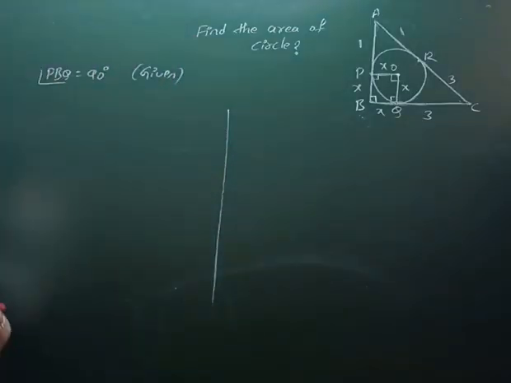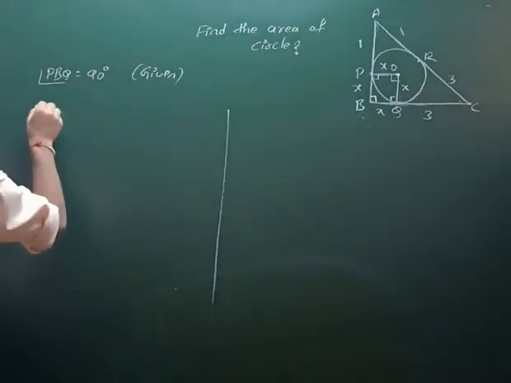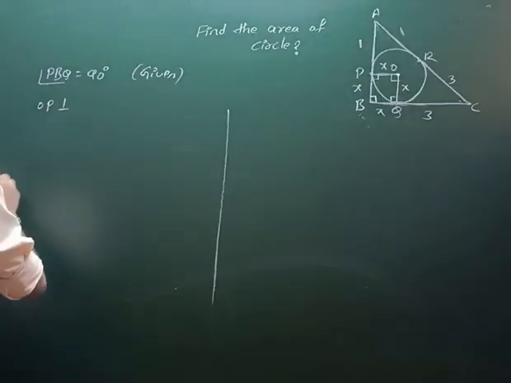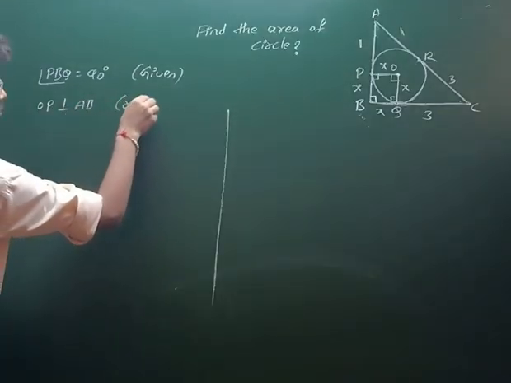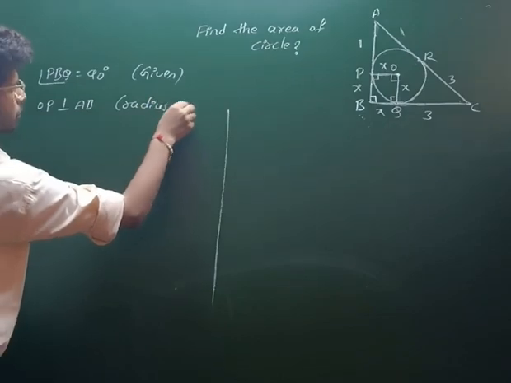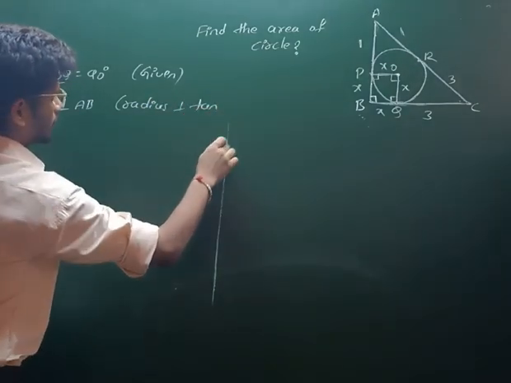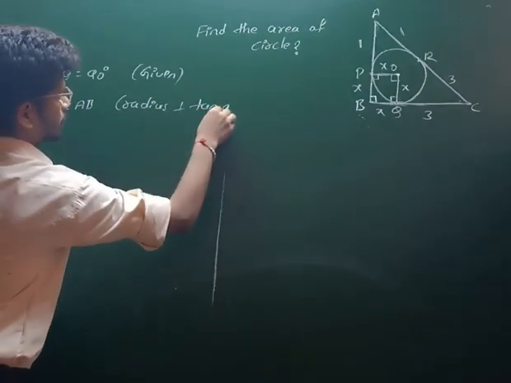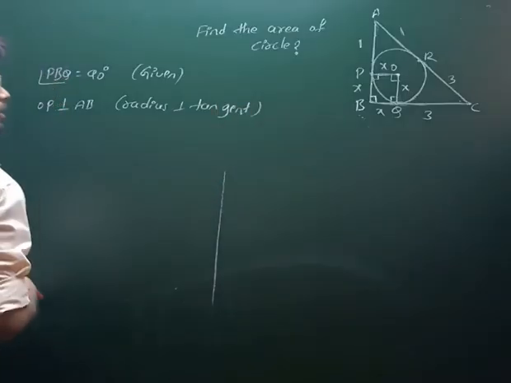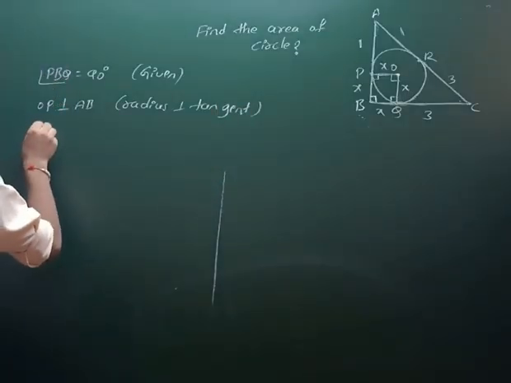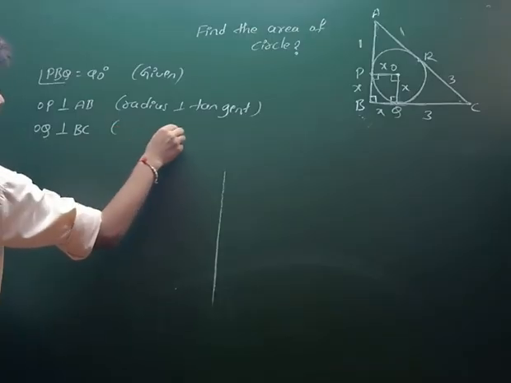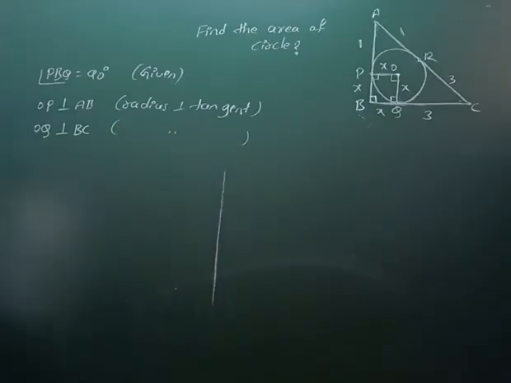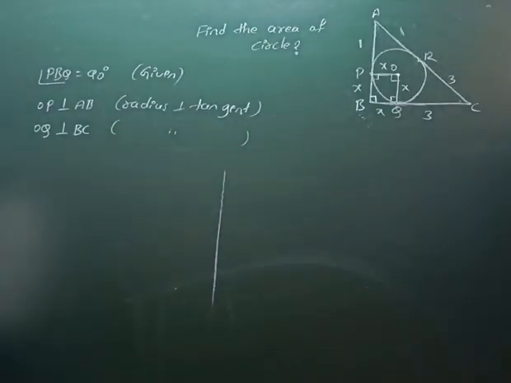Now we know that OP is perpendicular to AB, because of theorem 10.1, that is, radius is perpendicular to tangent. And one more thing we can write: OQ is also perpendicular to BC, again the same reason, radius is perpendicular to tangent.